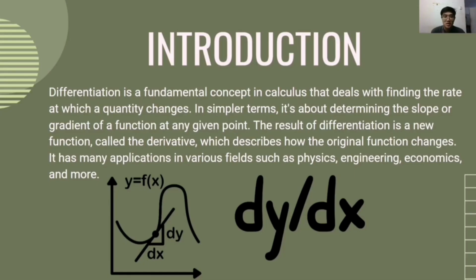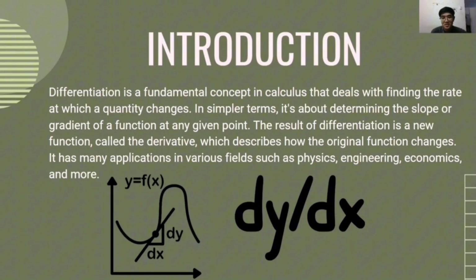01DAD23F1013. Today I will talk about the introduction of differentiation. Differentiation is a fundamental concept in calculus that deals with finding the rate at which a quantity changes. In simpler terms, it is about determining the slope or gradient of a function at any given point.